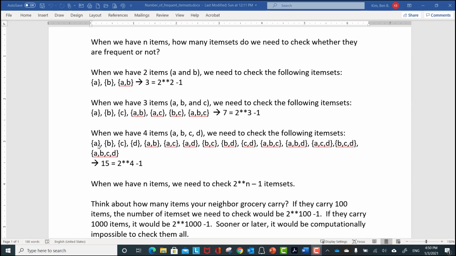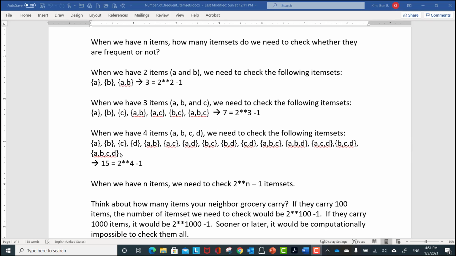then we know any superset containing A is also infrequent, such as AB, AC, AD, ABC, ABD, ACD, ABCD. For those supersets containing A, we don't even bother to count how many times they occurred.